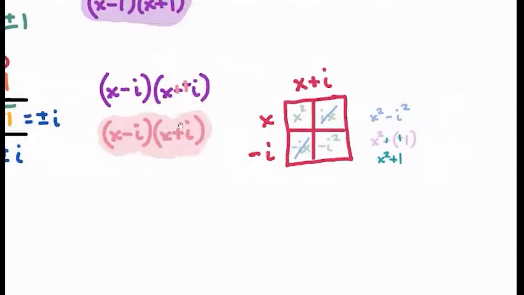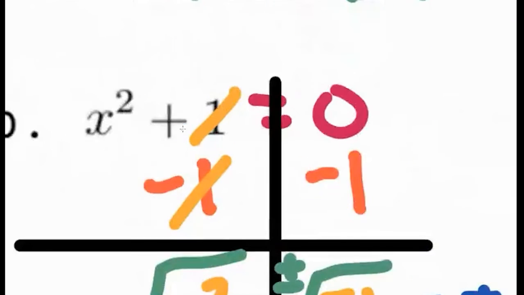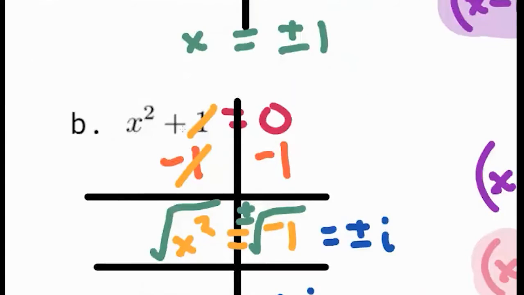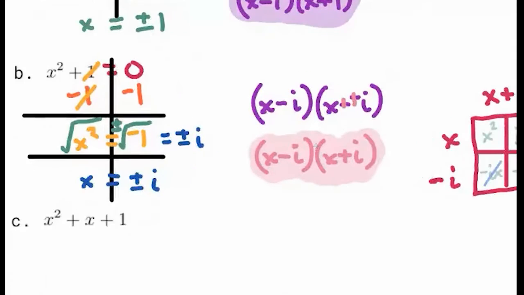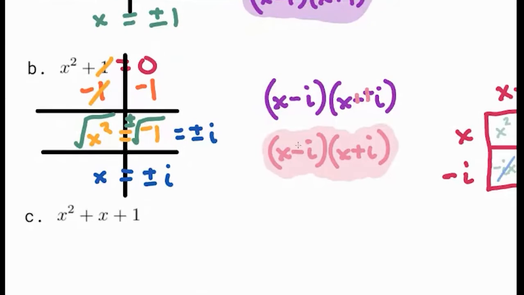But if you notice, x squared plus 1 is where the problem started originally. So if you wanted to, you can check your work on this by throwing it in a grid and working it out. Any questions? That's literally it. That's all you do for all of these.